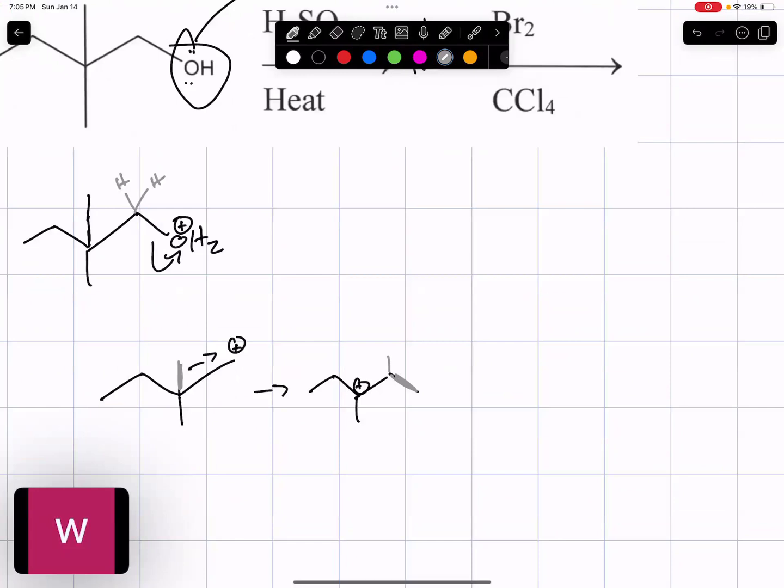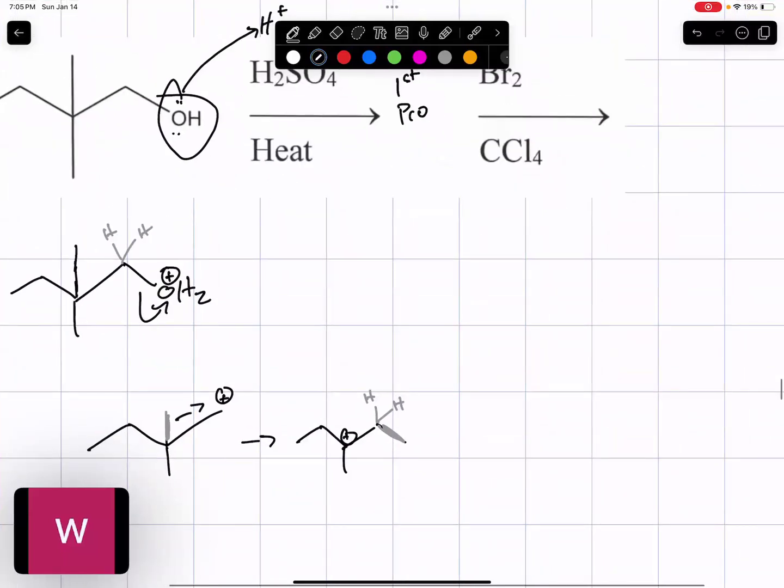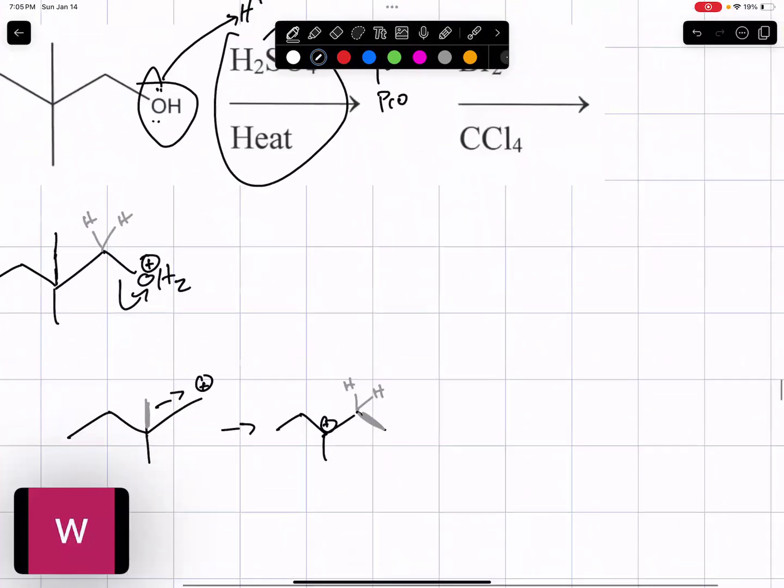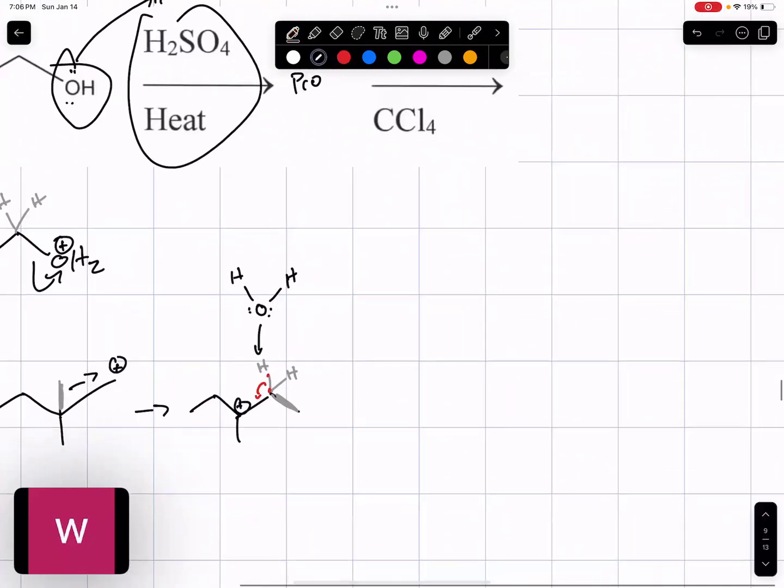And this last step would have been taking away, possibly with a water molecule. This is still all of step one. You take away this hydrogen, let's say with a water molecule, and these electrons in red form a pi bond here. And that makes your first product.